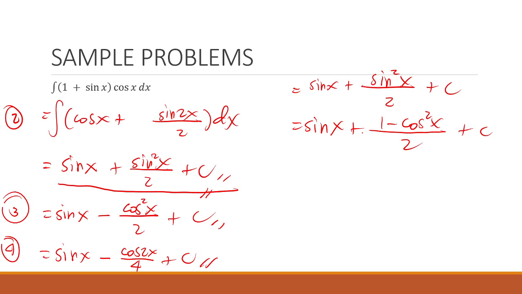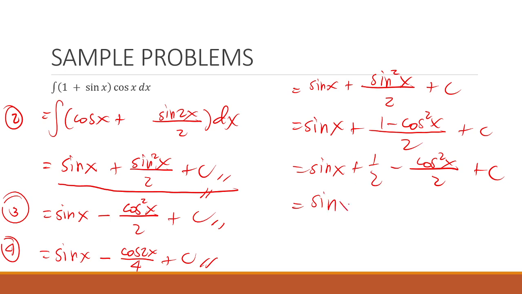And then distribute 1/2. So this becomes sine x plus 1/2 minus cosine squared x over 2 plus c. Okay? And then again, constants. So itong 1/2, combine natin sa c.